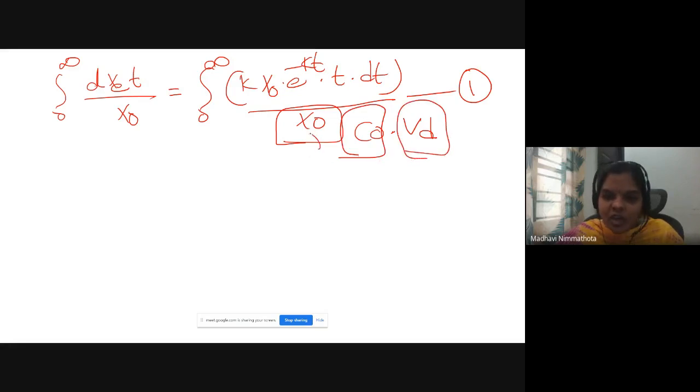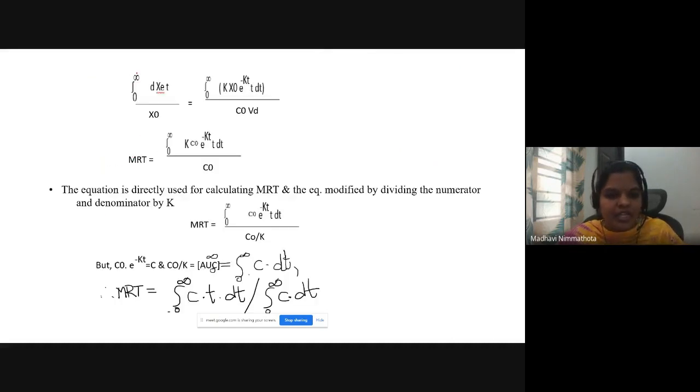This is the initial concentration and this is the volume of distribution. So in terms of the amount of the drug, it will be used in terms of the concentration of the drug. So here it will be C0 only. You can write the integration from 0 to t of dXe/dt divided by X naught. This X naught stays as it is, and instead of writing X naught here, you can take C0 into Vd.